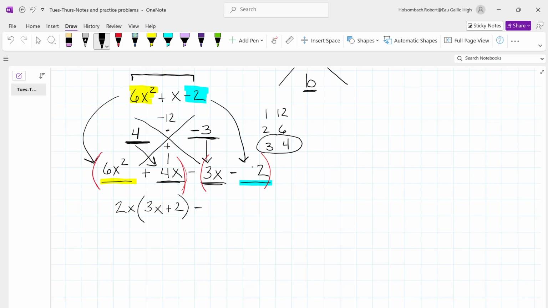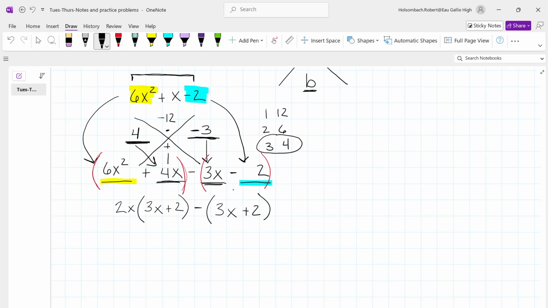There's nothing that goes into them evenly, is there? All right. So be careful, because right here you can write the 1 or you don't have to write the 1. You can just go left parentheses 3x plus 2. Because if this was a negative 1 in here, the negative 1 times 3x would be negative 3x, and the negative 1 times the positive 2 would be negative 2.